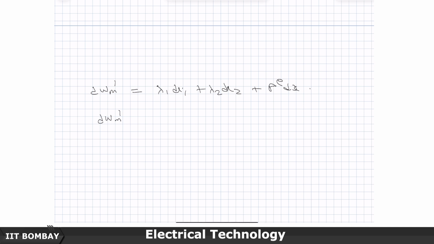Wm dash, after doing those two integrals, will be a function of I1, I2 and x.